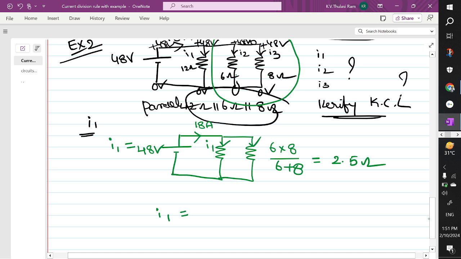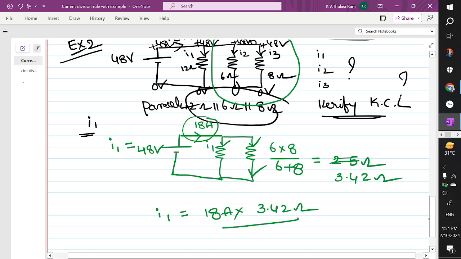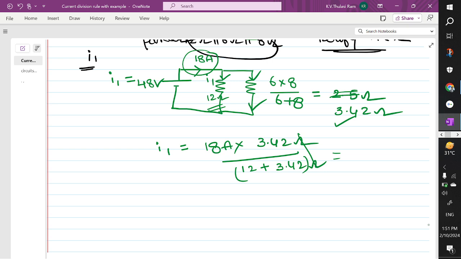The current I1 is equal to the total current given in the problem, 18 amperes, multiplied by the opposite branch resistance, 3.42 ohms, divided by the sum of the resistors connected in parallel, 12 ohms plus 3.42 ohms. The ohms cancel and you get the current: I1 is about 4 amperes.